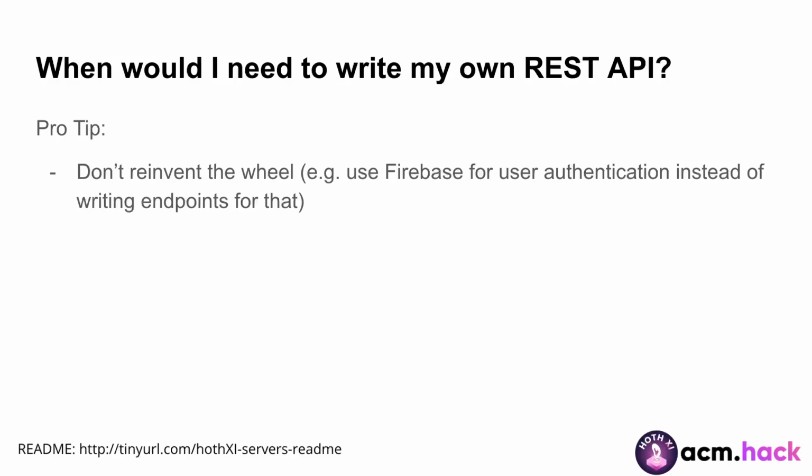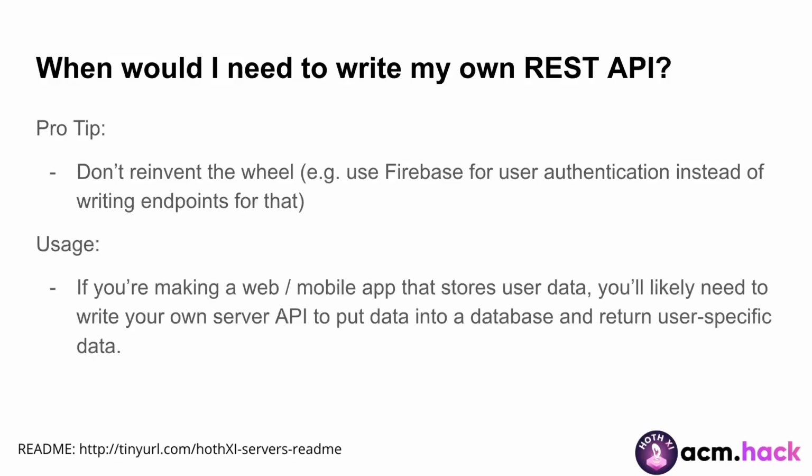But chances are your application is going to store very specific application-specific information per user that's going to be used in order to do whatever your application does. For example, in the case of our garden application, we're going to be storing specific plants for a specific user. And in that case, we probably want to write our own server API to manage our database.